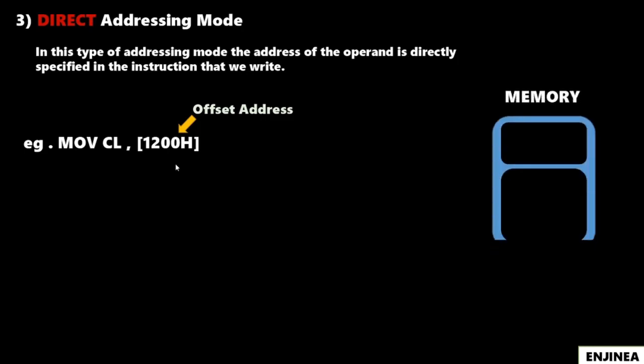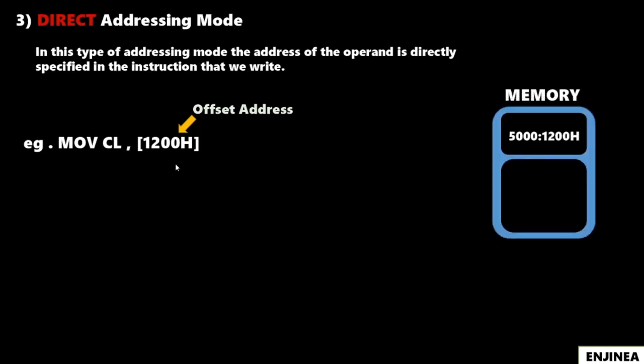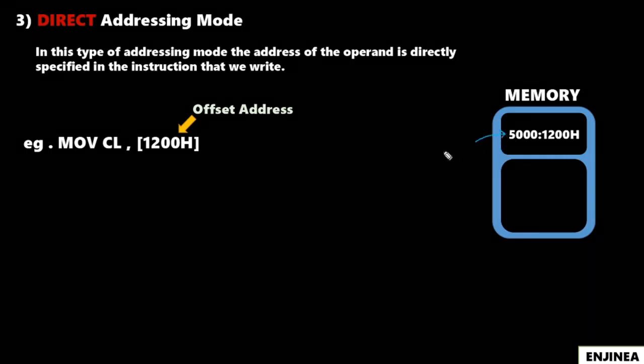So what do we mean by direct addressing mode? In this type of addressing mode, the address of the operand is directly specified in the instruction. Let's see an example. Suppose we have MOV CL, [1200H]. This 1200H written in brackets is not our data, it is our offset address. Suppose this is our memory, and in the memory there is a location with a segment address of 5000 and the offset address of 1200.